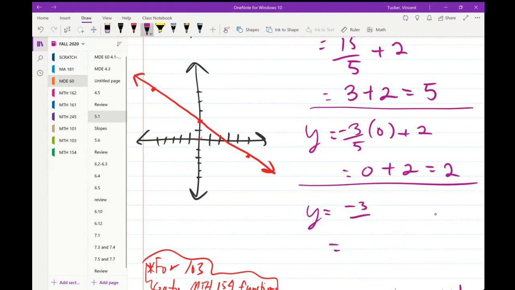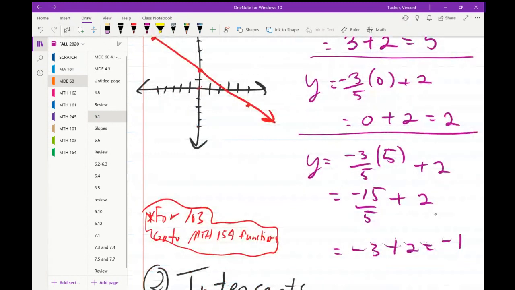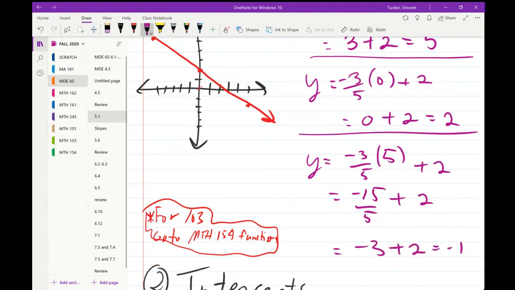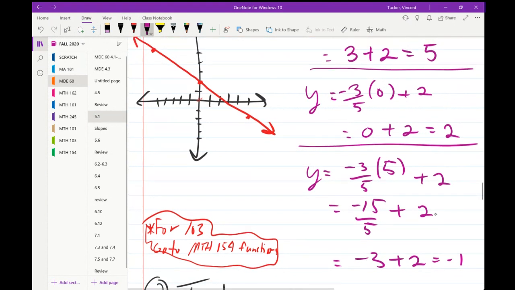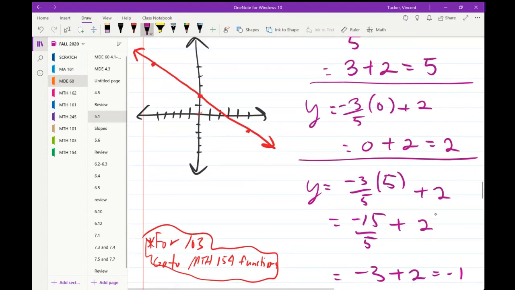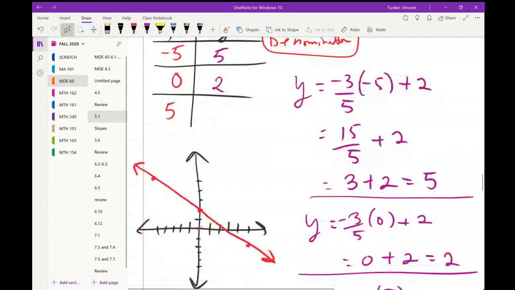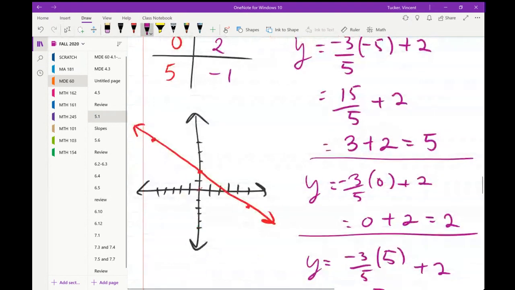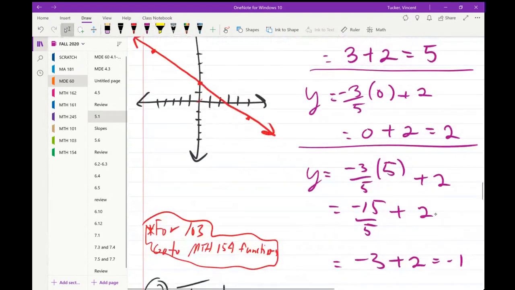It's negative 3 times 5 plus 2. So negative 3 plus 2 is equal to negative 1. All right. So that should be a negative 1. So any questions on the plugging in before we go to look at the graph?